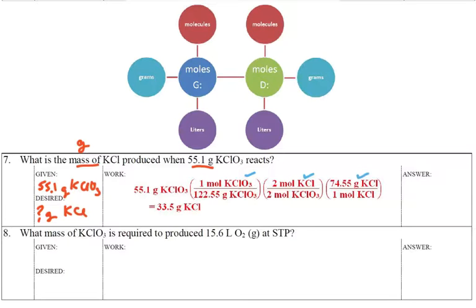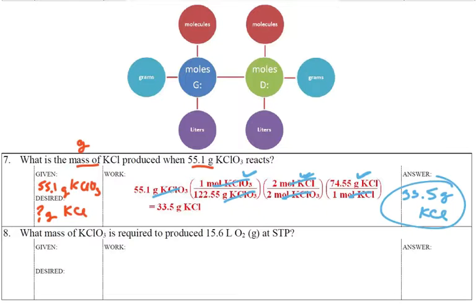I use the molar mass of KCl. So I have a molar mass, I have a mole-mole, and then I have a molar mass. And so my grams of KClO3 drop out, moles of KClO3 drop out, moles of KCl drop out. So when I do all the numbers, I get 33.5 grams. And that is grams of KCl.